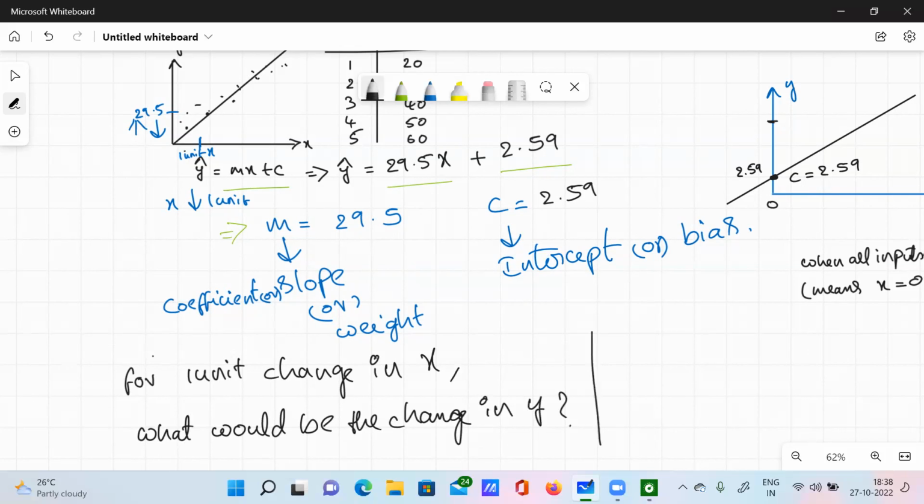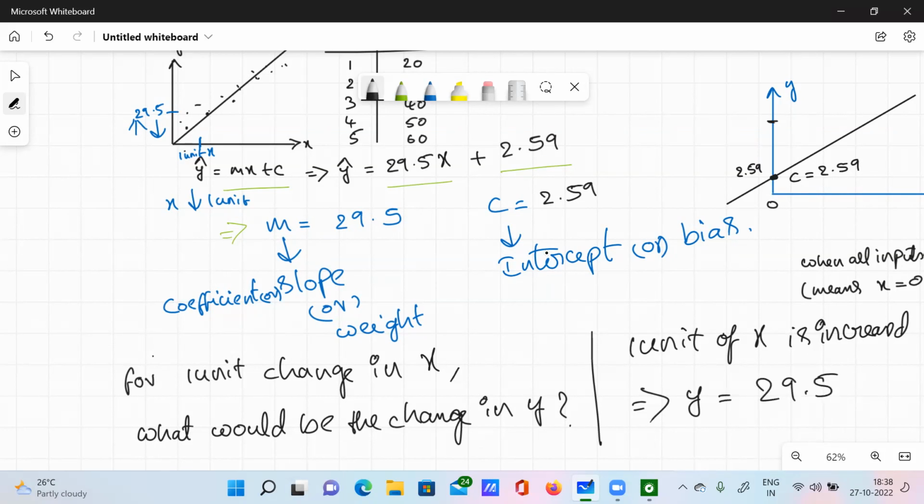For example, let's say 1 unit of x has been increased. Then that implies y will also increase by 29.5 here. Why? Because this is the value of the m.